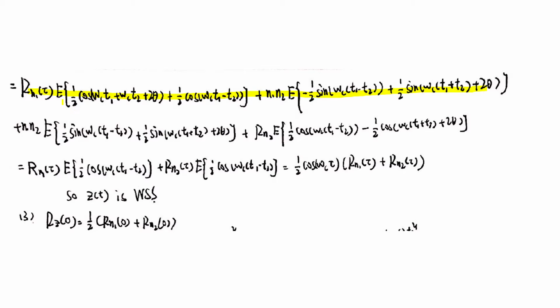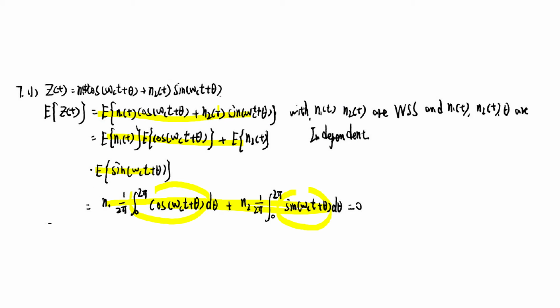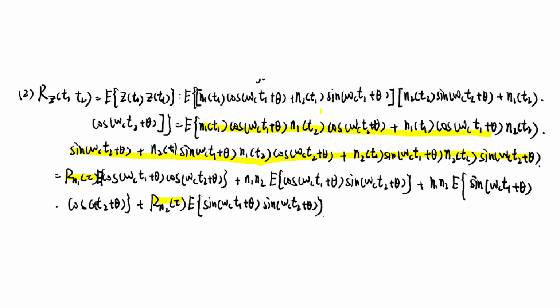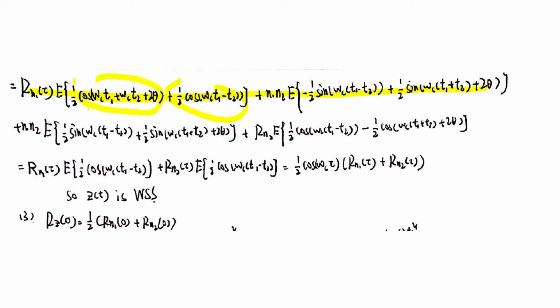And we can see that the expected value of this part can be divided into the sum of E of this part and E of this part. With the condition where θ is uniformly distributed in the range between 0 and 2π, we can see that this part with the 2θ is 0.